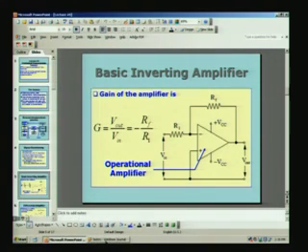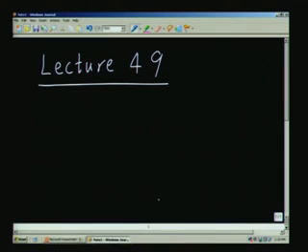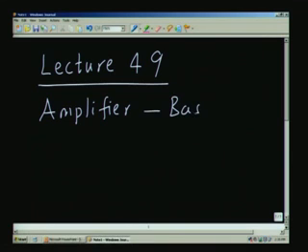some of these in a very summarized fashion on the board. So, we are talking about an amplifier, and I just want to look at the fundamental or basic features of an operational amplifier.